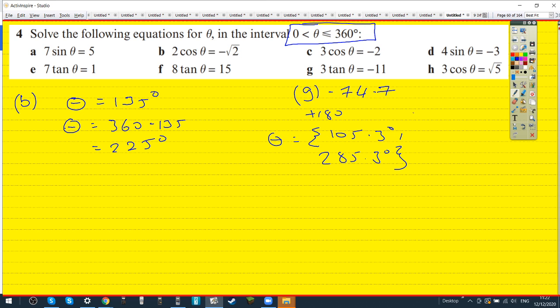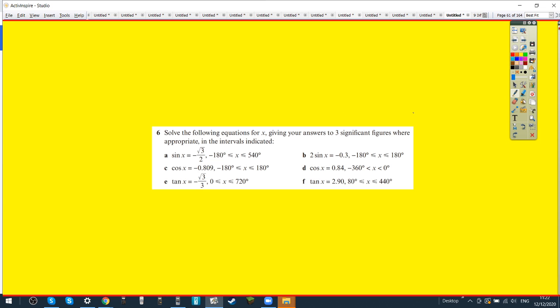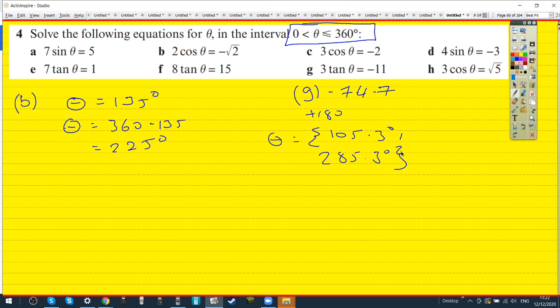Okay, so we did one with sine, we did one with cos, we did one with tan. And you're using shift tan for these, are you? Or shift cos? The only thing here that's different is they wanted it between minus 180 and plus 180. So maybe this negative answer would have been valid, and maybe you would subtract 360 from 105 or something.